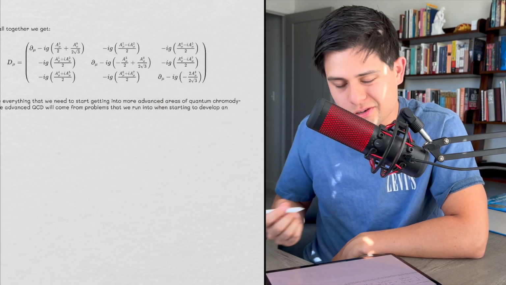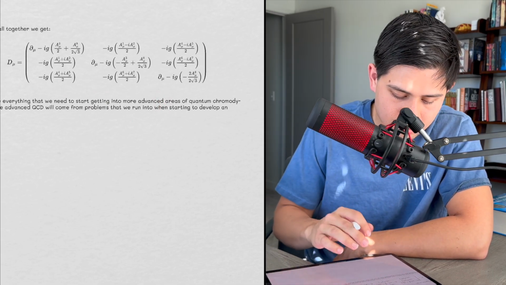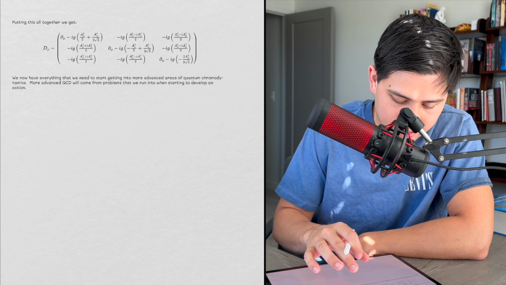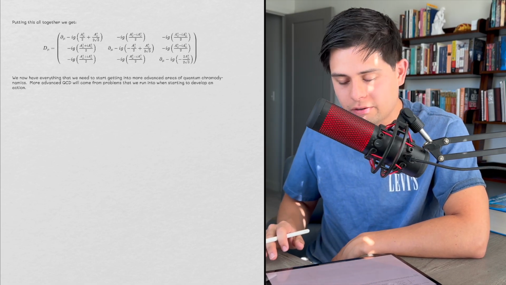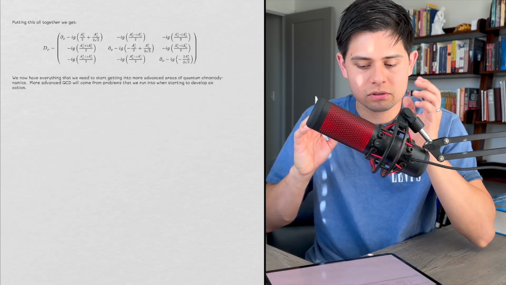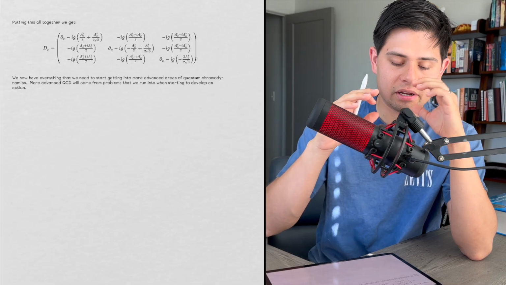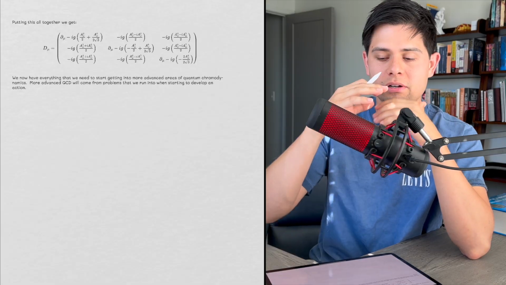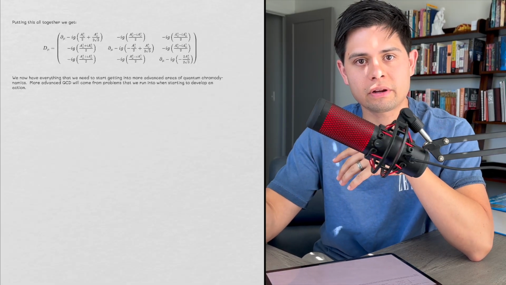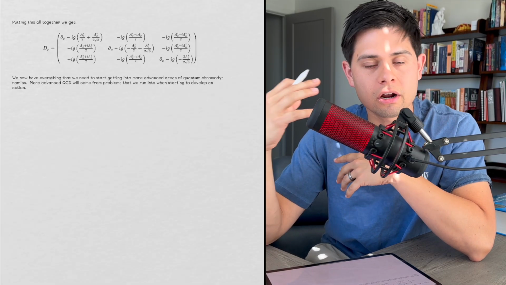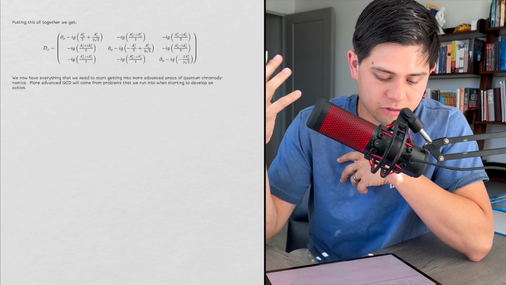You could take the determinant of this, you could take the trace of this. That is not really of interest to us right now, but because we're coming up on 30 minutes, the idea is that we can think of this as a matrix now. We're developing a matrix theory for our non-abelian gauge fields.